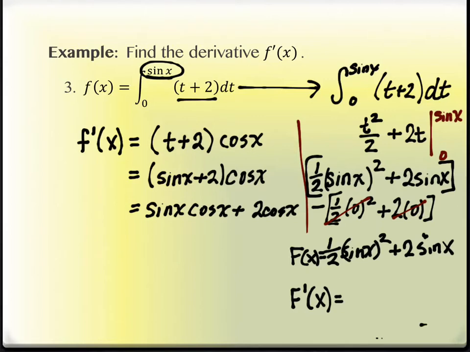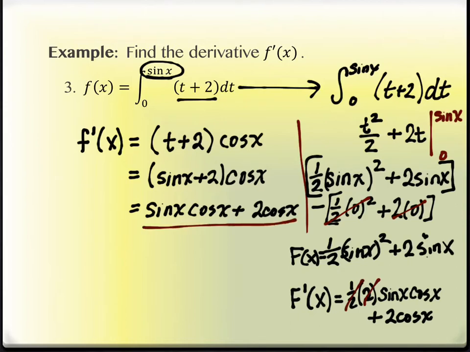Okay, so you want to take the 2 down with the 1/2, and then what? Times sine of x. And then the derivative of sine of x is just cosine of x. Right. Times that. And then plus 2 cosine of x.